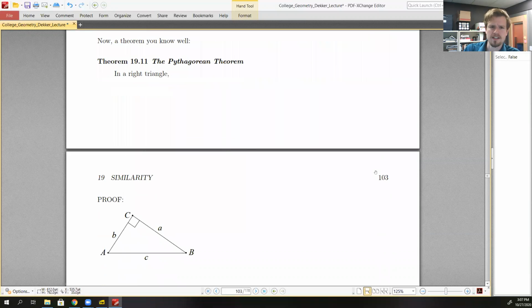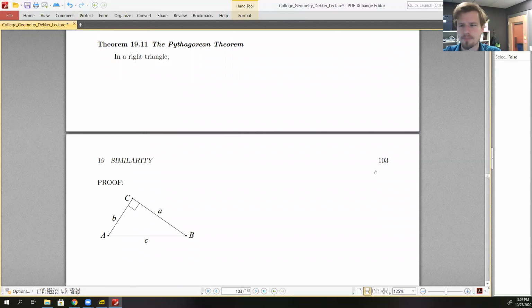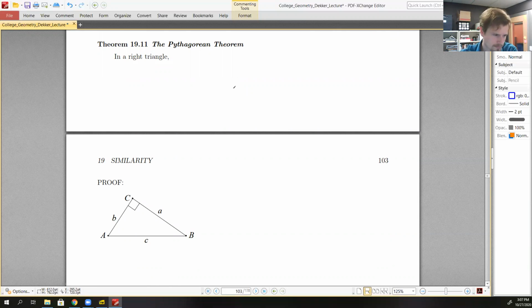So the last thing for us to take a look at in this section is the Pythagorean theorem, which we're all pretty familiar with. So this should go pretty well, followed by a nice, relatively interesting proof of the Pythagorean theorem.